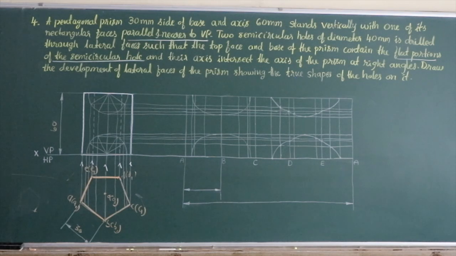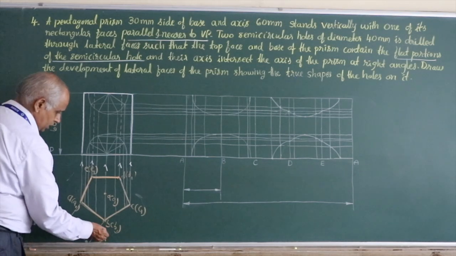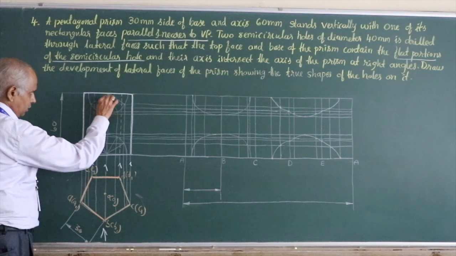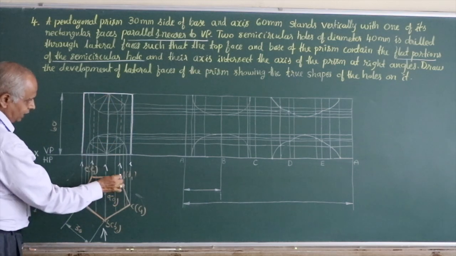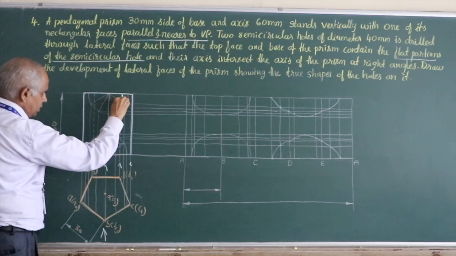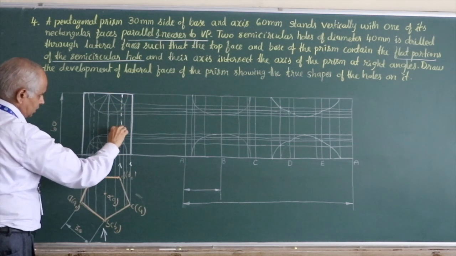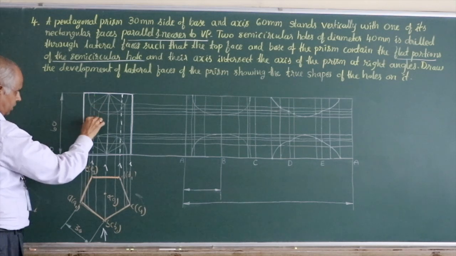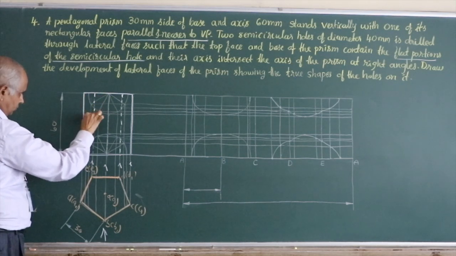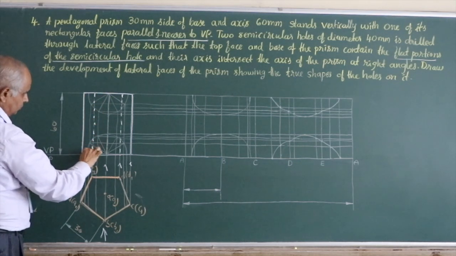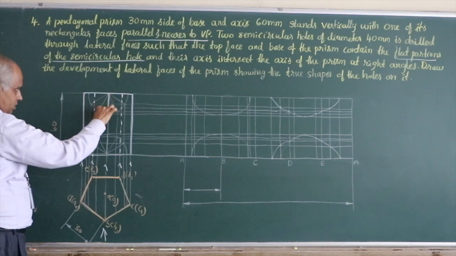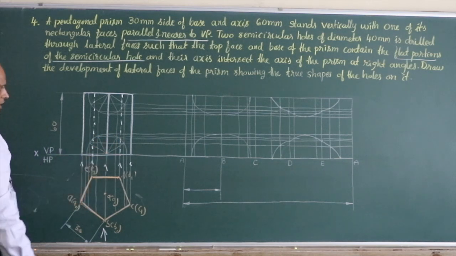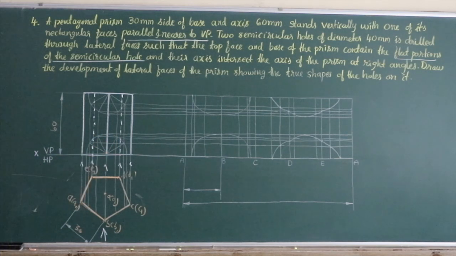As you know, looking from here, BB1 is visible, therefore this line is visible, whereas at the back DD1 is invisible, so dashed lines. Here also it is dashed lines. And this is the front vertical edge DD1, but don't make it continuous thick, it is just continuous thin actually.